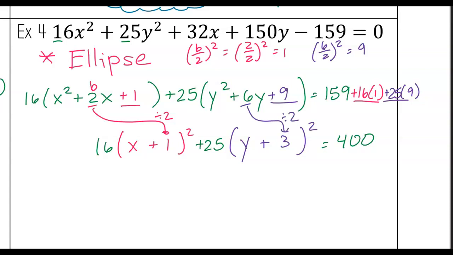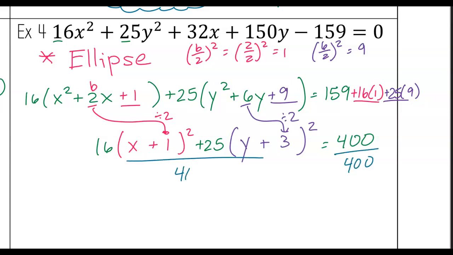Now, ellipses are also always set equal to 1. What do we do to get this thing equal to 1 instead? Yes, divide by 400.